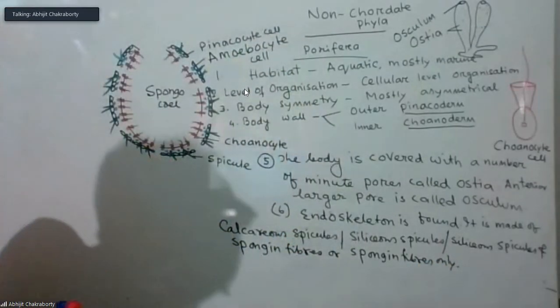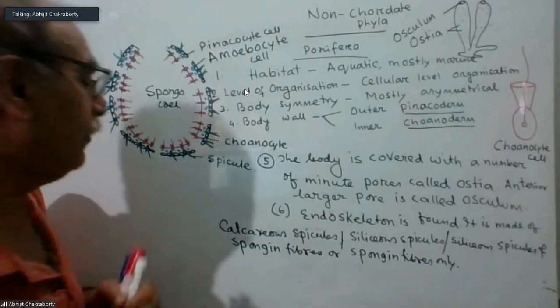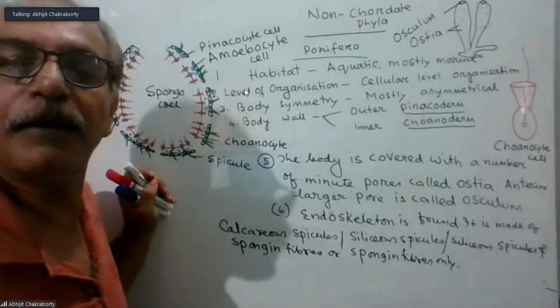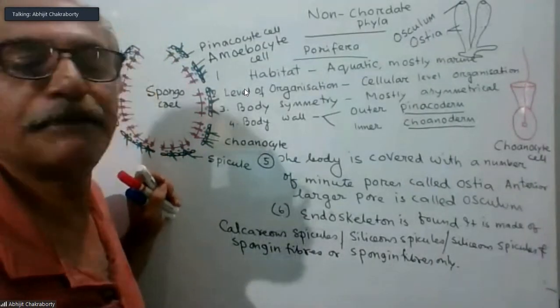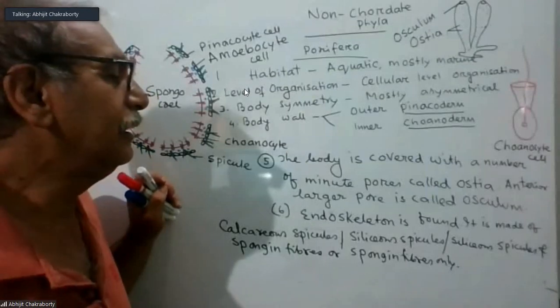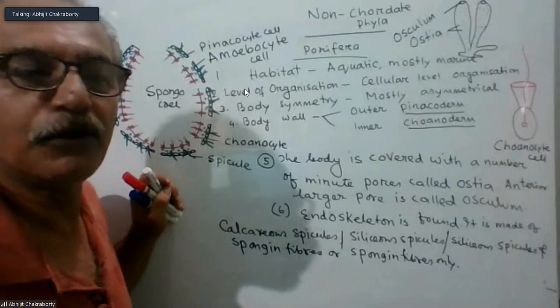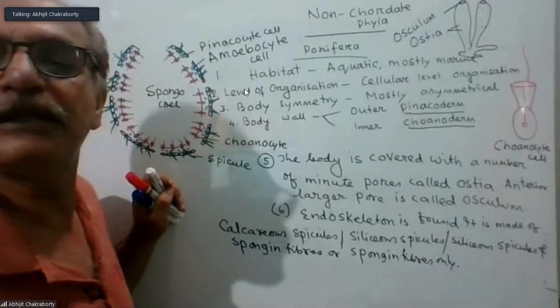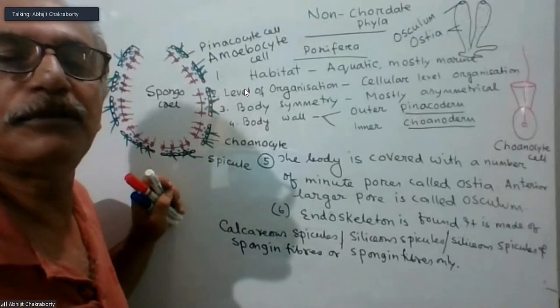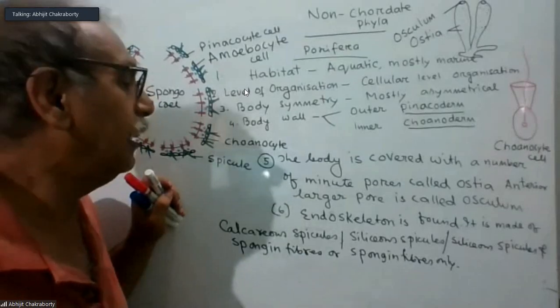So what is found? The endoskeleton is made of either calcareous spicules in some animals, siliceous spicules only in some other, siliceous spicules and spongin fiber in one group, or only spongin fiber. So this is what about the endoskeleton.